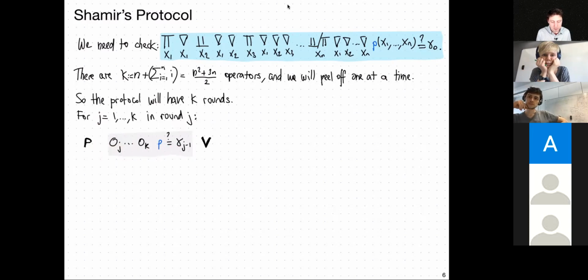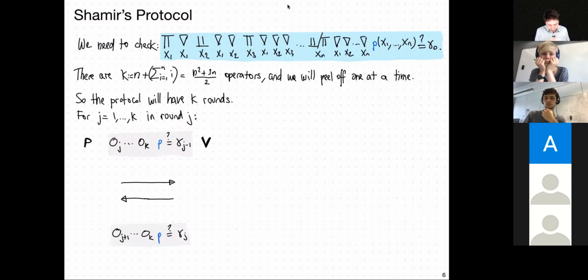And by this time, we have a claim where, rather than claiming that this expression evaluates to gamma 0, it evaluates to some gamma_{j-1}. And again, when j equals 1, this is the expression we started from, okay? And what's going to happen is that the prover is going to send some polynomial, the verifier is going to send some randomness, and we're going to reduce to a simpler claim. What does it mean as a simpler claim?